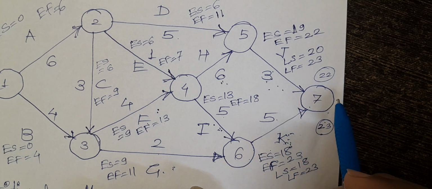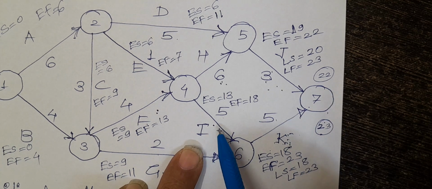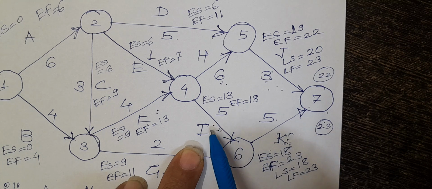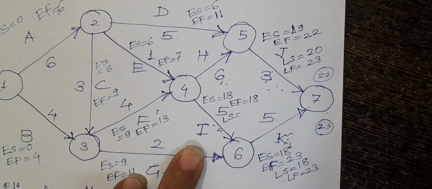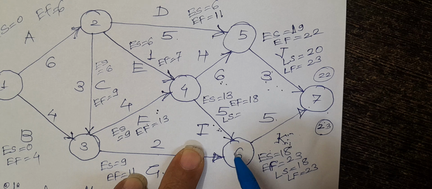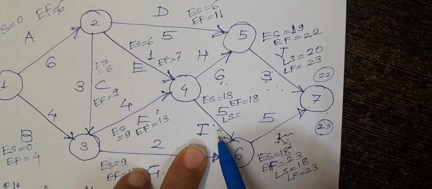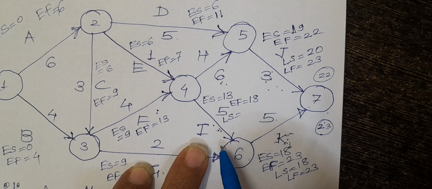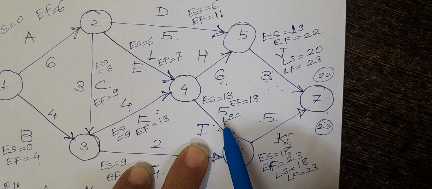Now come to the activity I. So this is activity I, we are moving like this. What is the latest start for this activity I? It is 18 minus 5.